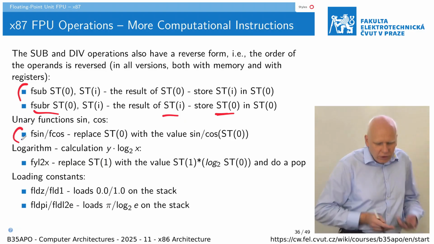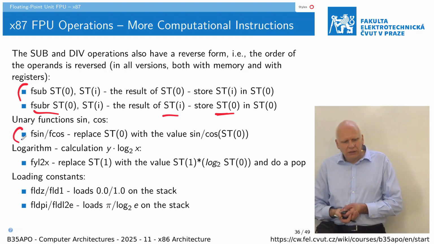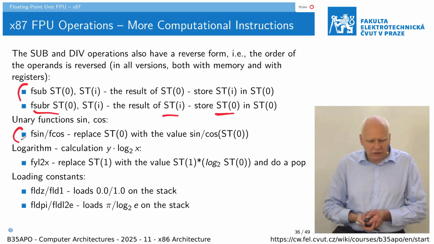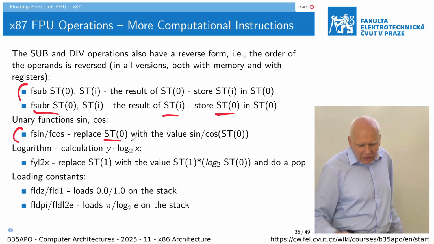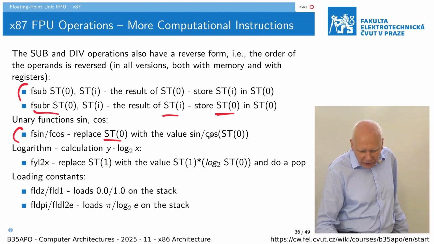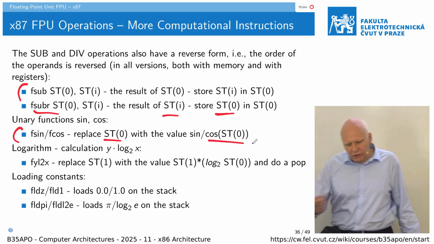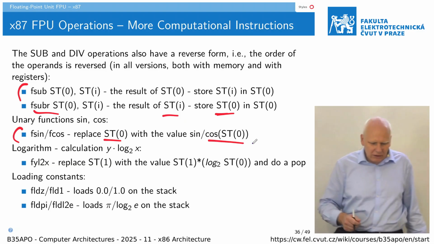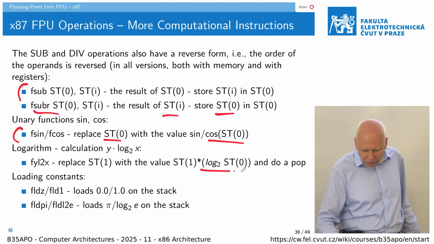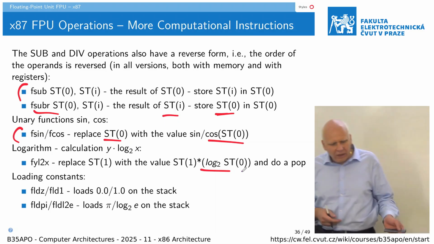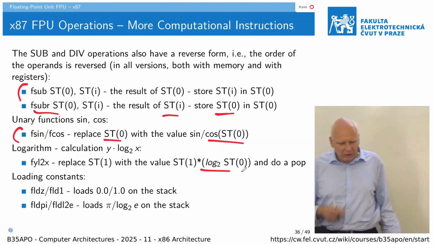Then there are a lot of other functions, goniometric and so on. So basically you can compute the sine and cosine value and store it onto the top of the stack, replace the top of the stack with the new value. It is possible to do a different kind of multiplication by the power of 2.